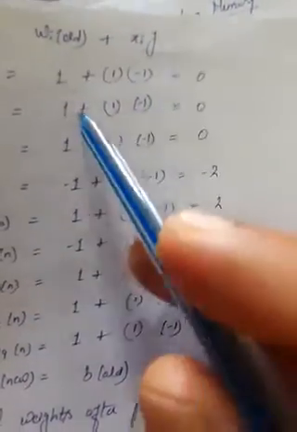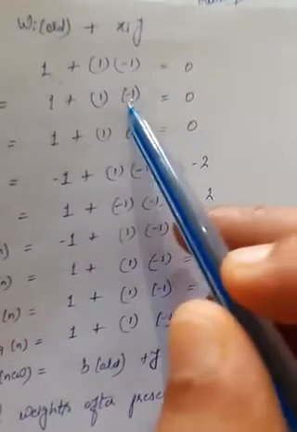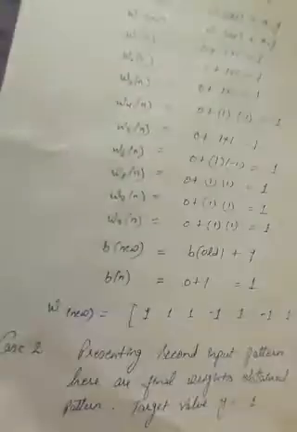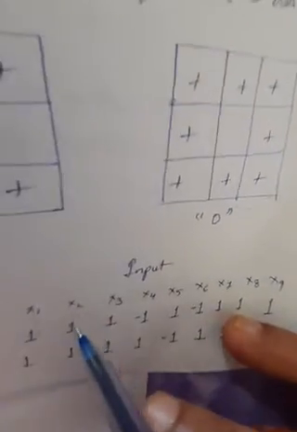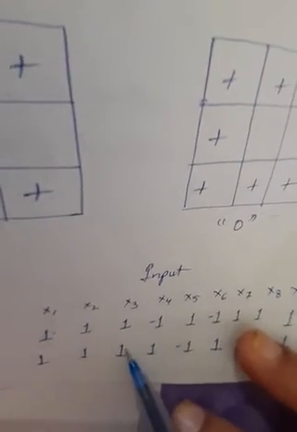Plus xi y. The target value is minus 1 and the value of xi, for w2, we can consider, as you see here, for O the second input value is 1, third is also 1, fourth is also 1, only fifth is minus 1 and the rest are plus 1.